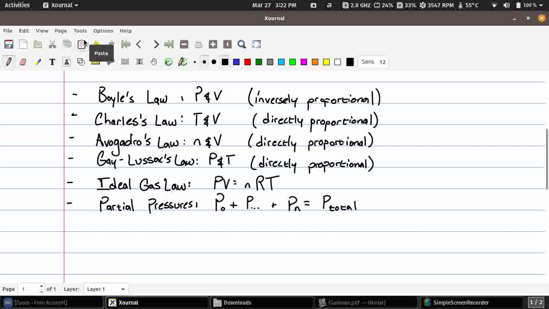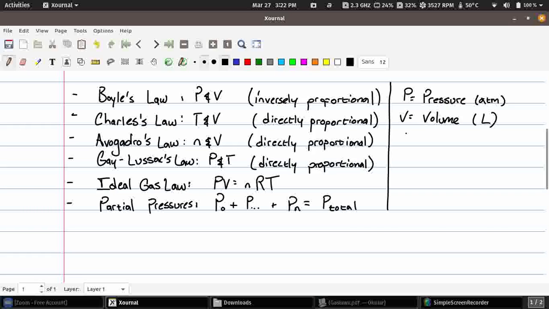Alright, so let's go and finish writing this table out. P equals pressure, and that can be in torr, atmospheres, or millimeters mercury, but let's just say atmospheres for now. V equals volume. This is going to be in liters. N is equal to moles, as always.